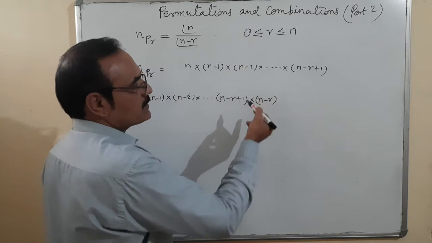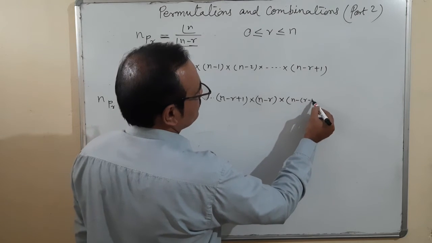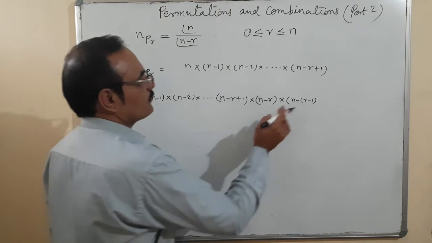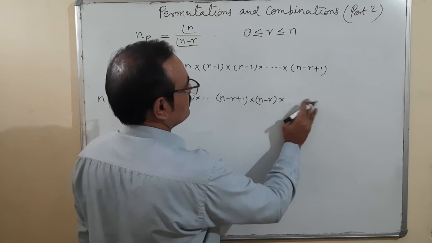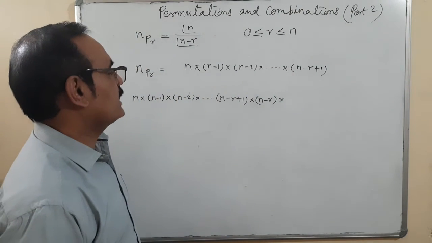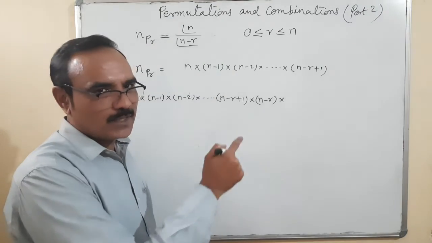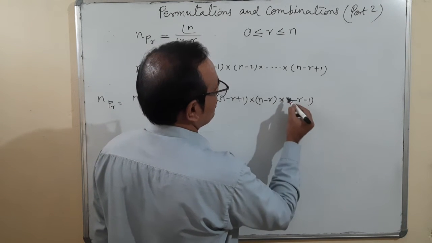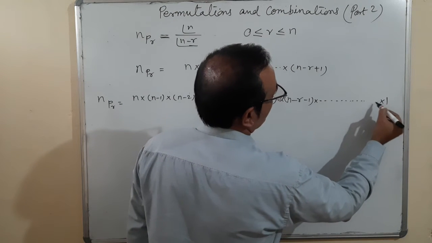Then the next term is n minus r minus 1, then n minus r minus 2, like this, and this will go up to 1.